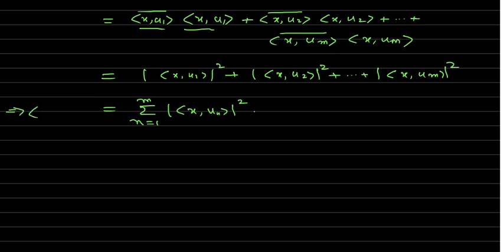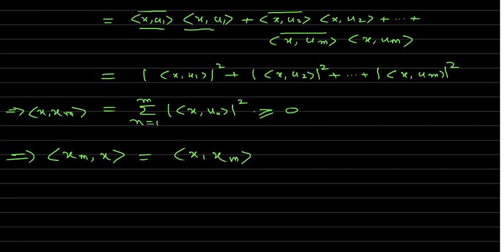This is the inner product of x with xm. So this number is greater than or equal to 0, so it's a real number. Therefore this also means the inner product of xm with x is equal to the same, because that's equal to the conjugate of the above number. It's the conjugate of this, but the conjugate is the same as the number is a real number.